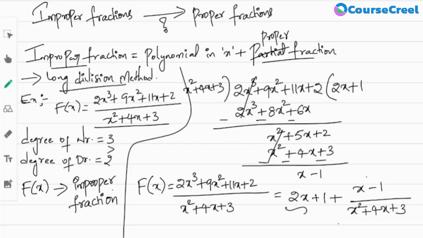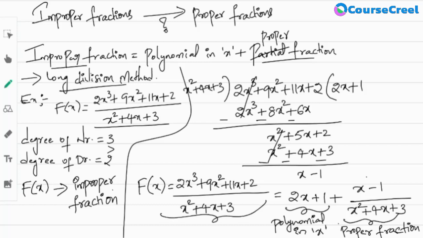Here this polynomial in x is nothing but the quotient, and this is the proper fraction, which is the remainder by divisor. So in this way we have converted an improper fraction to a proper fraction by using the long division method.